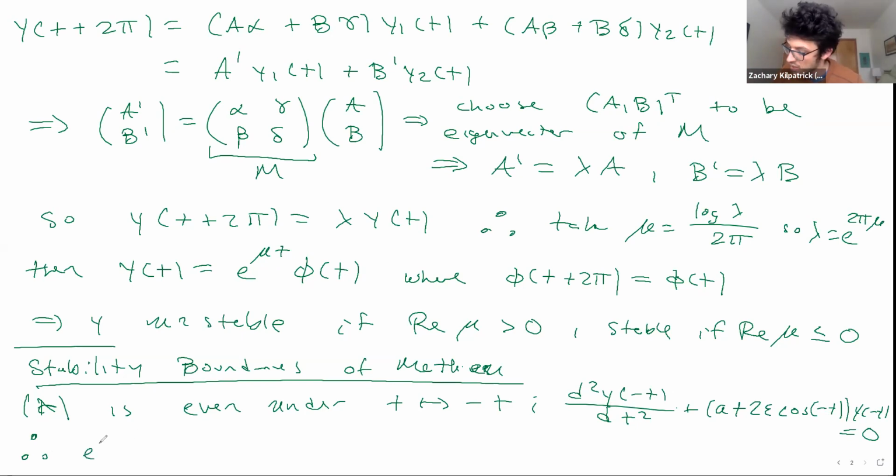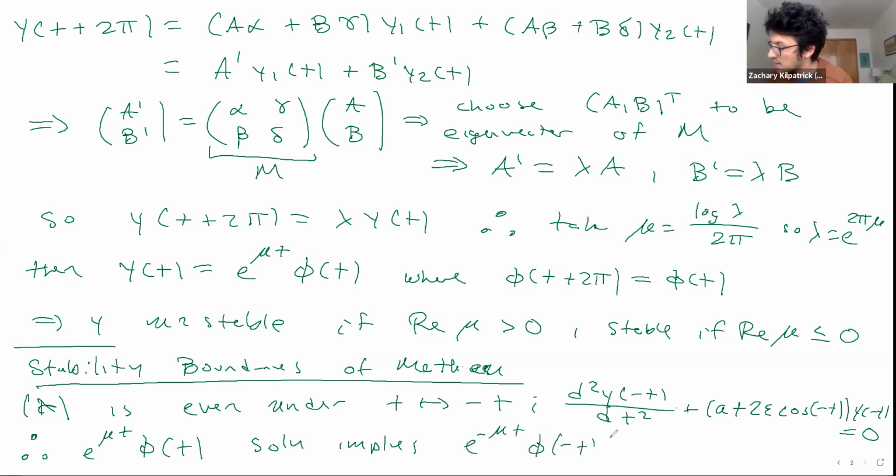Okay, so that means that if I have solutions of the form e to the mu t phi of t, this solution implies that e to the minus mu t phi of minus t is also a solution, okay? Because I should be able to reverse the order of time and still get solutions.